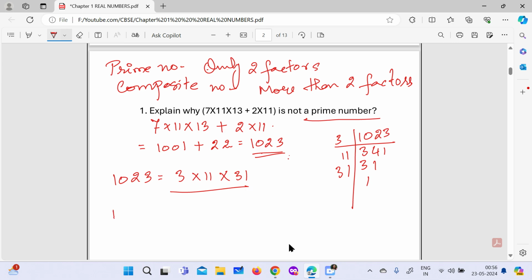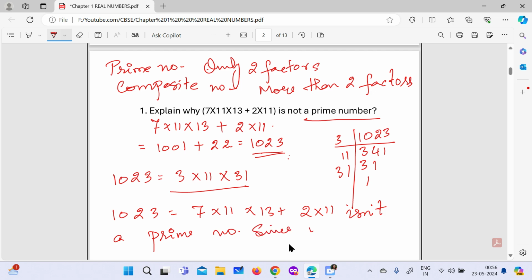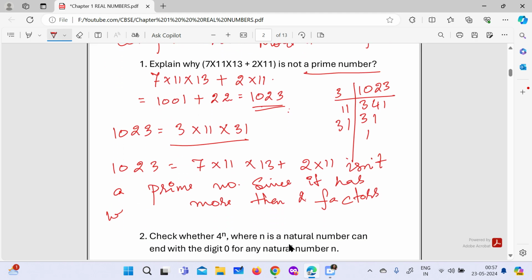So we can write this answer as: 1023, which is nothing but 7 times 11 times 13 plus 2 times 11, is not a prime number since it has more than two factors, whereas a prime number must have only two factors.